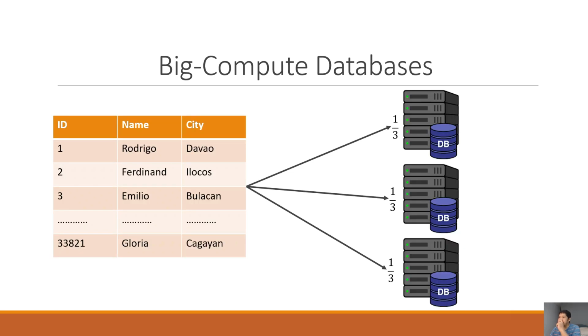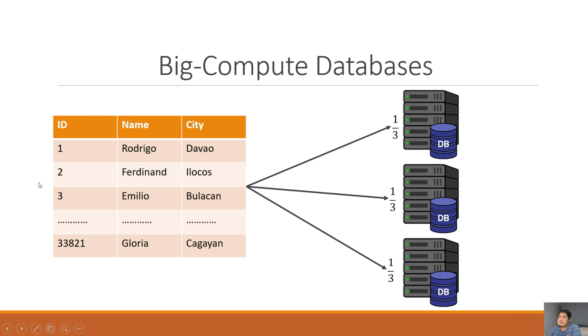Okay. Now for big compute databases, assuming that this is the master database, one third of the master database will be copied and distributed to the first node, the other one third will be distributed to the second node, and another one third will be distributed to the third node.